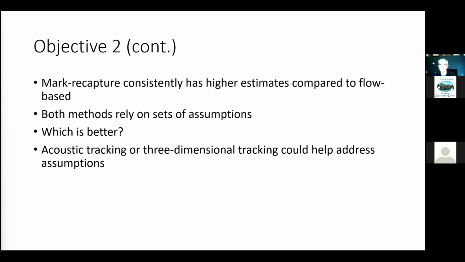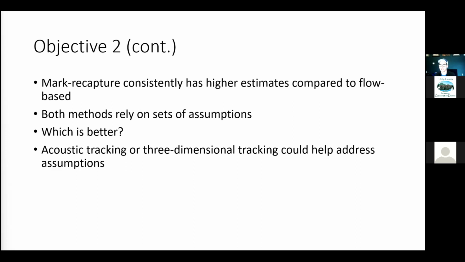The biggest assumption is that the mark recapture method assumes that all marked fish released upstream of the trap passed by within the following week, and it doesn't account for fish that are preyed upon, die, or don't migrate. For those fish that are removed from the system, the mark recapture method will overestimate the abundance.